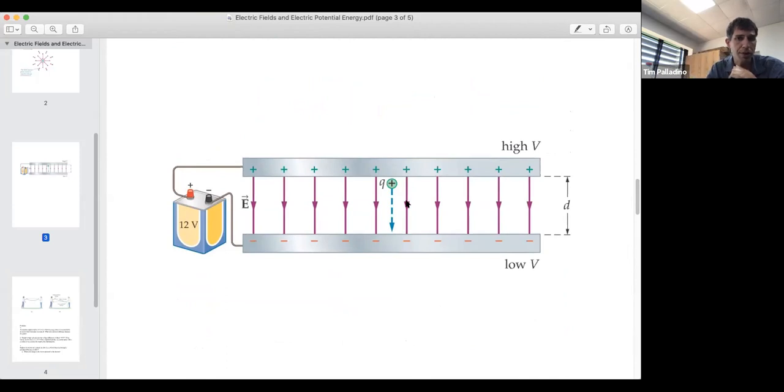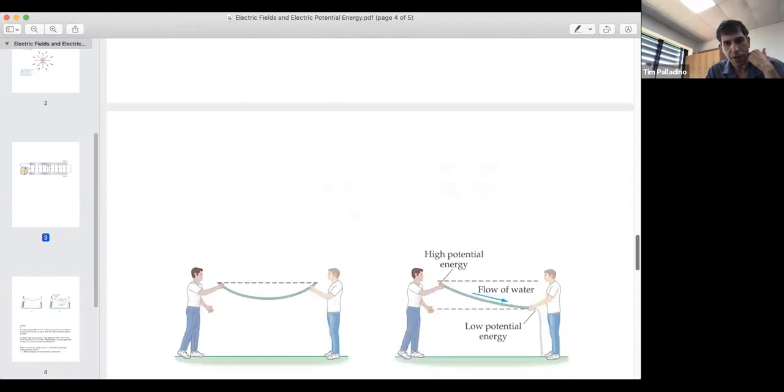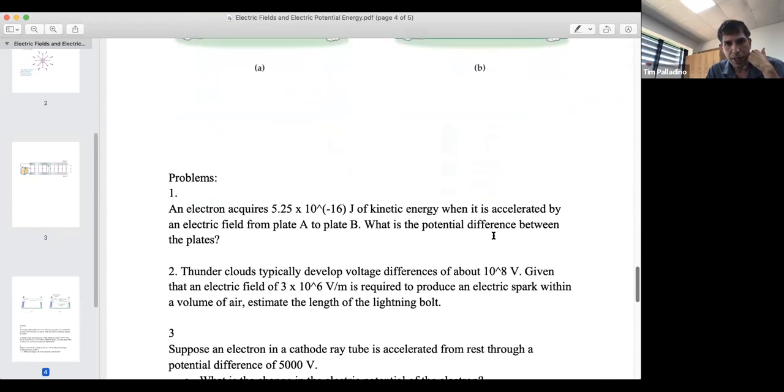The exact thing is happening with a charged object in an electric field. It wants to move from high potential energy to lower potential energy. It's analogous to gravity. All right, so let's start doing some problems to make sense of all of these new terms.